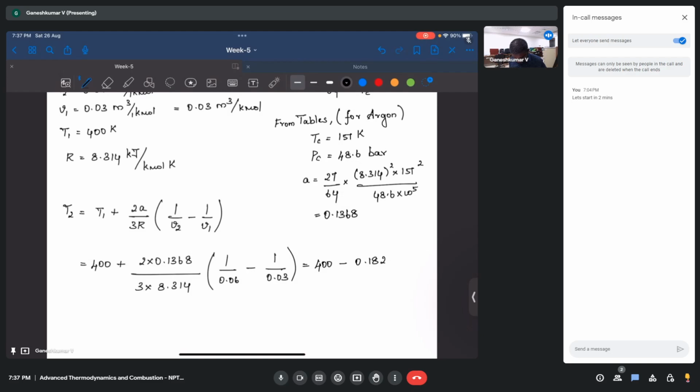And when you substitute here, it is going to be 0.06 divided by kilomole, which is 10 power minus 3, plus 1, 10 power 3 divided by 0.03.